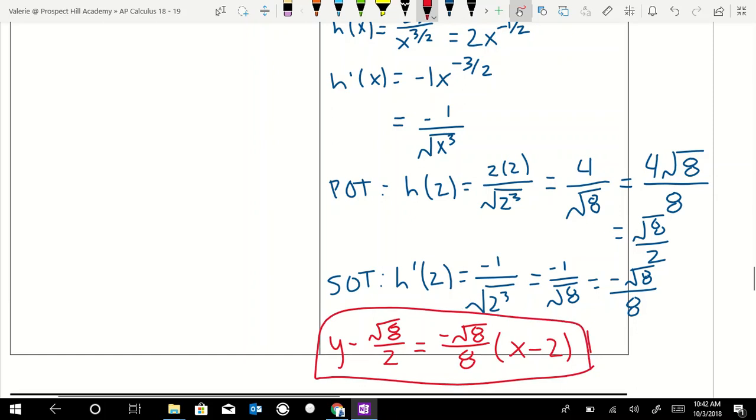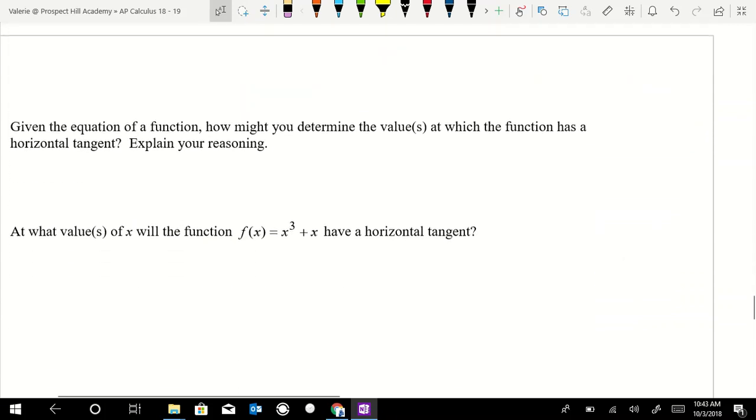All right, try to find the tangent equations for f of x and g of x. We're going to move on to the last page of our packet now.